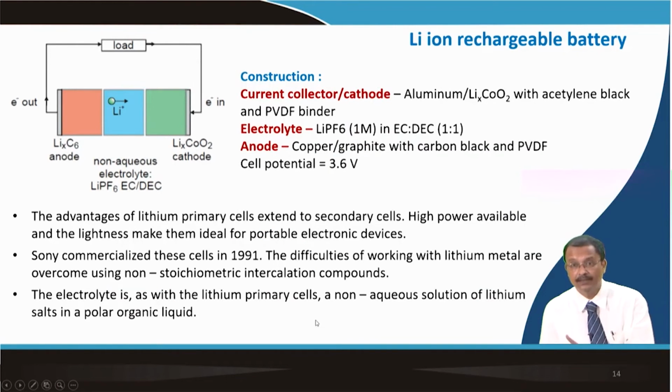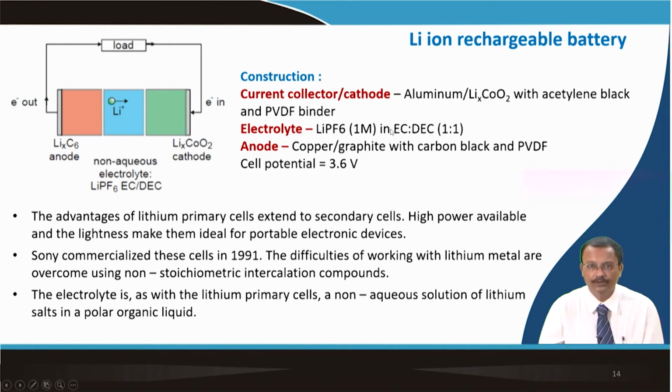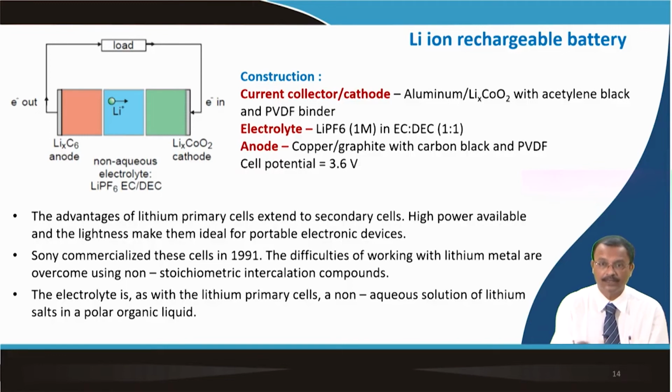So, now I will come back to the lithium rechargeable battery, which I already introduced in part of my earlier lectures. The construction is: you have a current collector and cathode, usually aluminum is the current collector, and let us take the example of lithium cobalt oxide. Acetylene black is added as an electron conductor inside the composite electrode, and PVDF binder is also mixed so that it is properly adhered to the current collector.